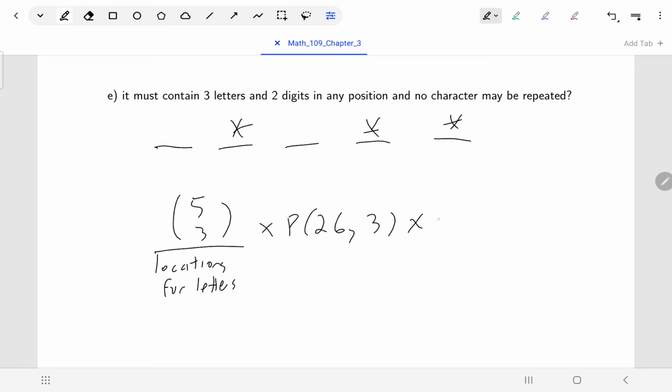That's P10-2. So looks like we have 14,040,000 possible passwords where there's 3 letters, 2 digits in some kind of an order, and nothing is repeated.